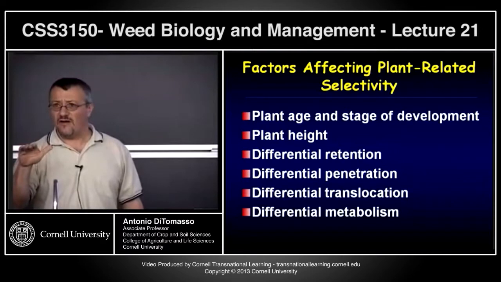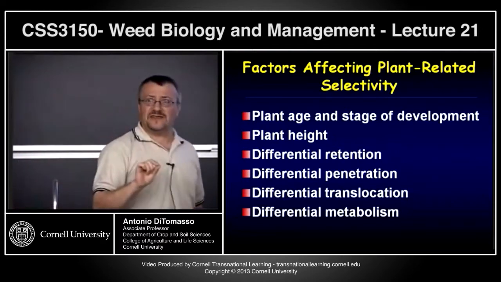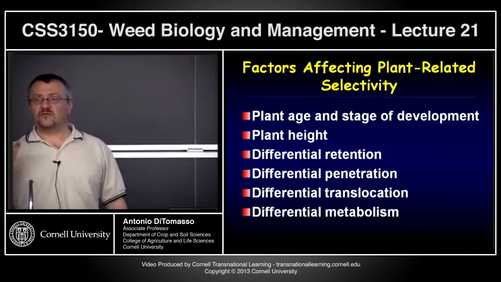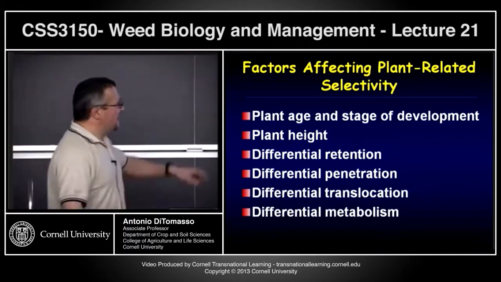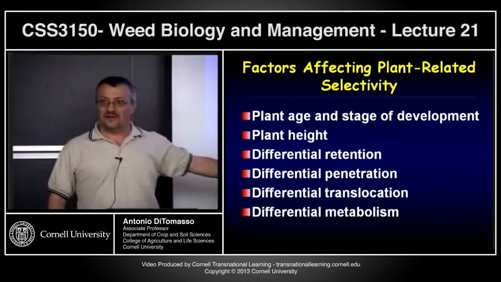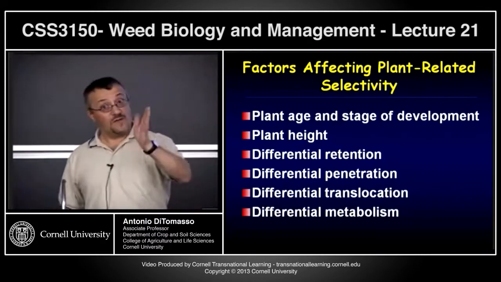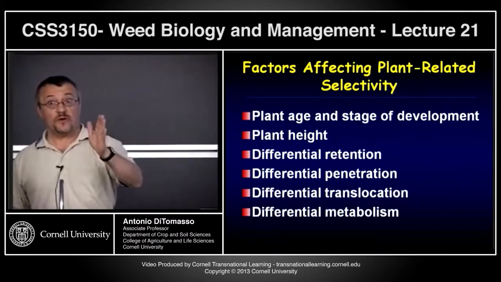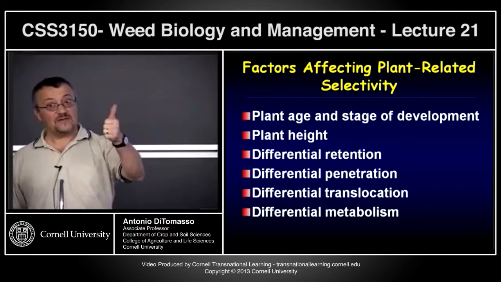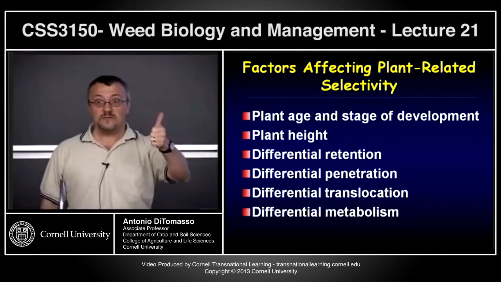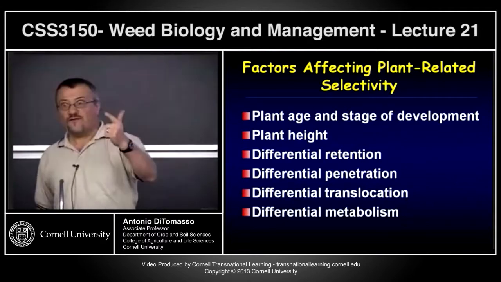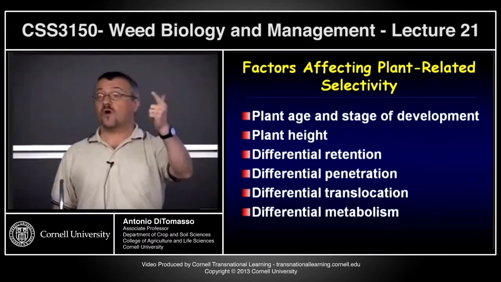But by far, the main reason we can use certain herbicides in our crops that will kill susceptible weed species is that our crop is able to metabolize the herbicide. And I'll give you a couple of examples, one being atrazine, which is extremely important. Why could we use atrazine in corn? We're going to get things like fall panicum, Panicum dichotomiflorum, and giant foxtail being hammered, which are also monocots.